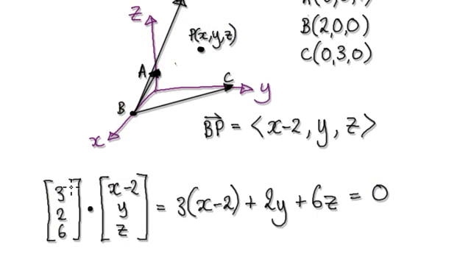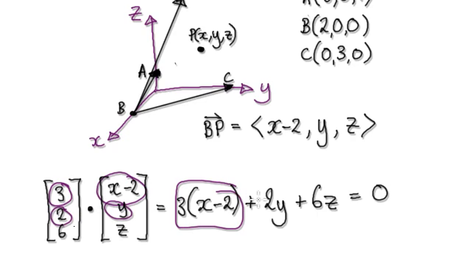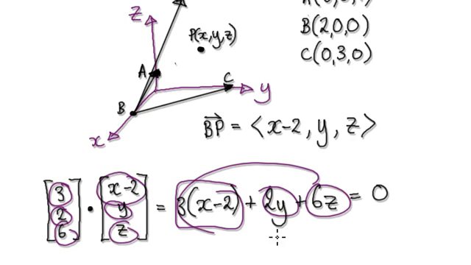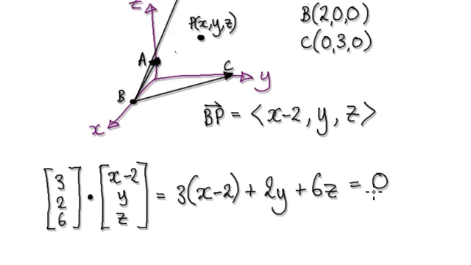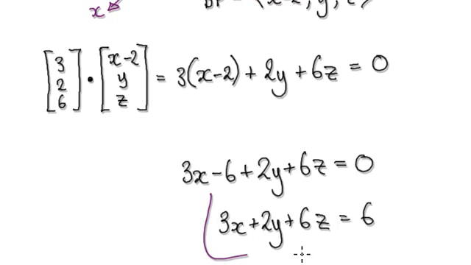So now if you compute this, remember to compute the dot product, it would be this times this, plus this times this, and then plus this times this. And we need to demand that this whole thing here equals 0. So now tidy this up. That will then give you this.